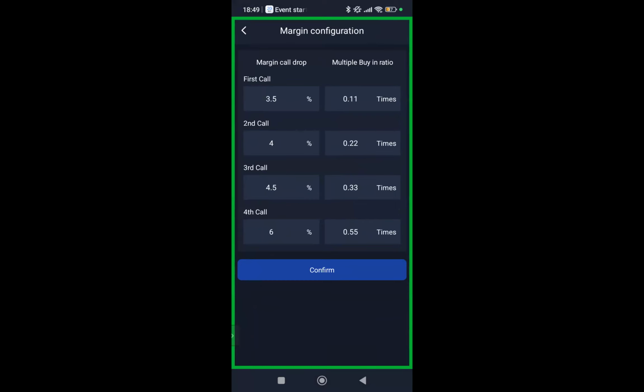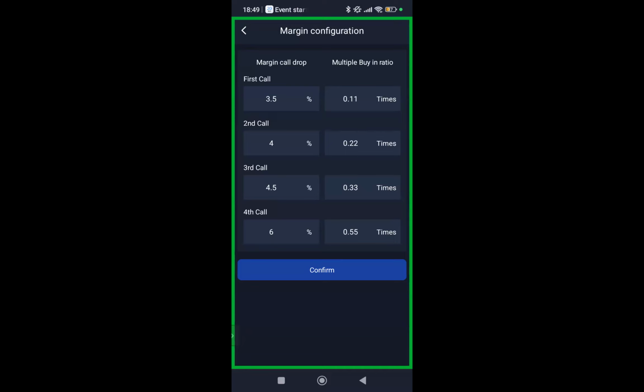You see, this setting you have here is for capital of $300 and above. Okay. So you don't use it for less than $300. So this is important.